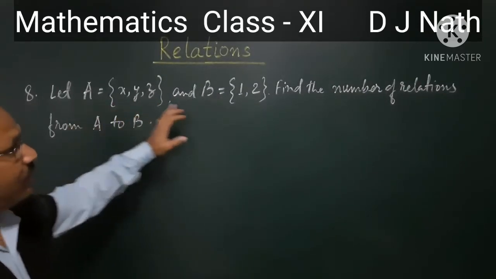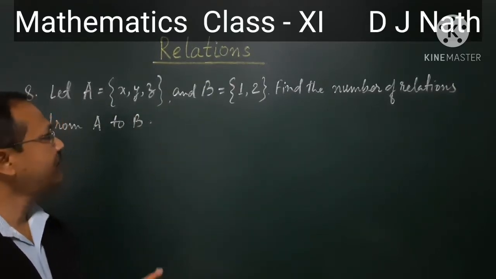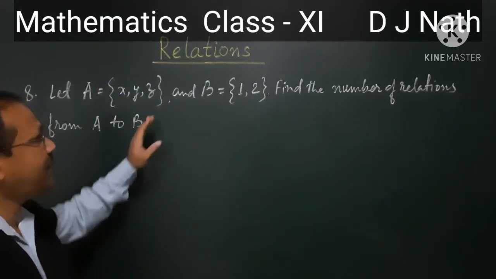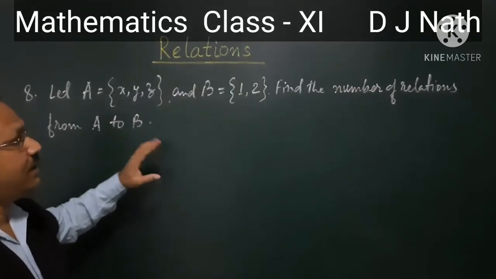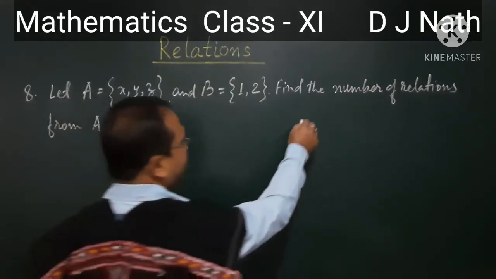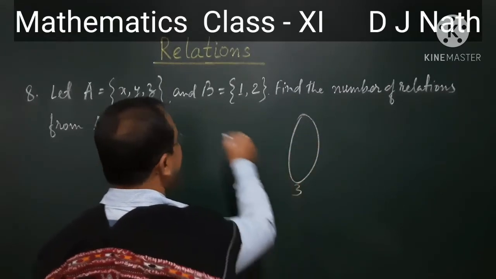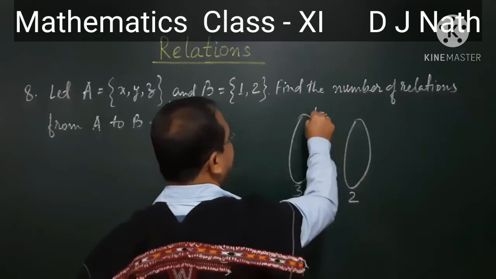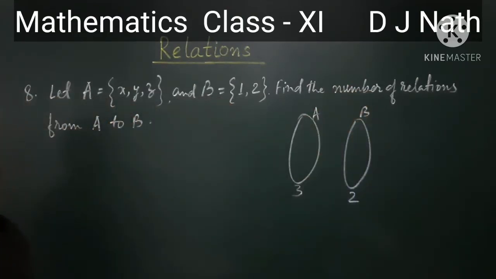We know relation is a subset of the Cartesian product. It is not asked to find only one relation, it is asked how many relations. Set A has 3 elements and set B has 2 elements.